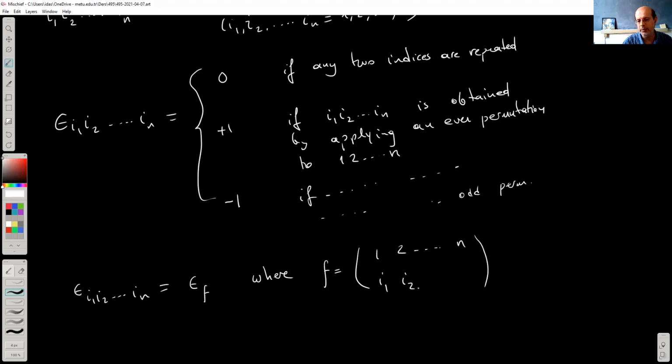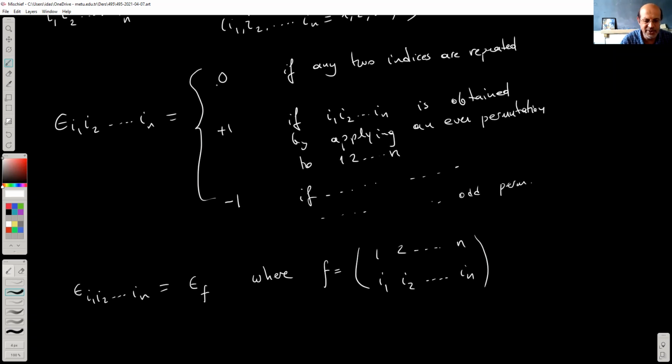That's the tabular form. So this tensor somehow expresses the signature, but keep in mind that it's a tensor, so it also has the 0 values, which are not the signature of any permutation.